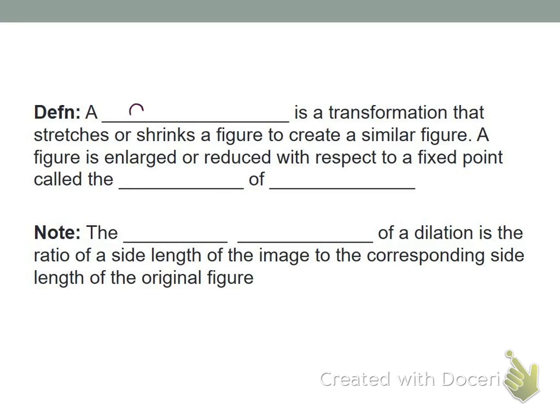A dilation is a transformation that stretches or shrinks a figure to create a similar figure. Stretches or shrinks. A figure is enlarged or reduced with respect to a fixed point called the center of dilation.